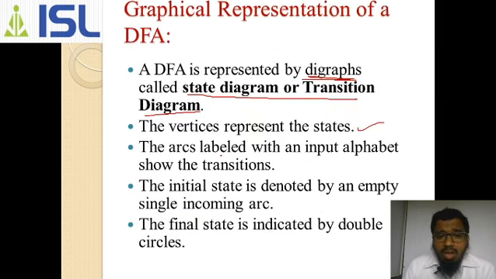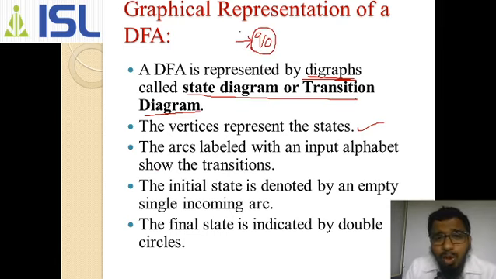The arcs labeled with an input alphabet show the transition. Take the example of Q0, the initial state.